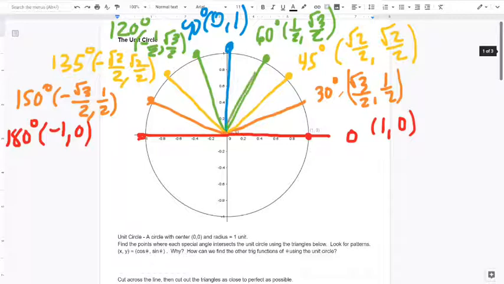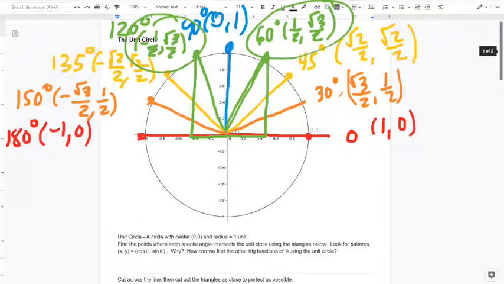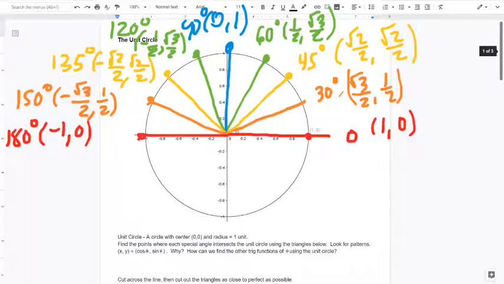So like if you took this triangle here and reflected it over the y-axis, you would get that point there. And the rule for reflecting over the y-axis is negating your x-coordinates. So all these points are just reflections of these points from quadrant 1. So if you ever have to fill out the unit circle, you really just have to think about the first quadrant, and then the rest is kind of straightforward.